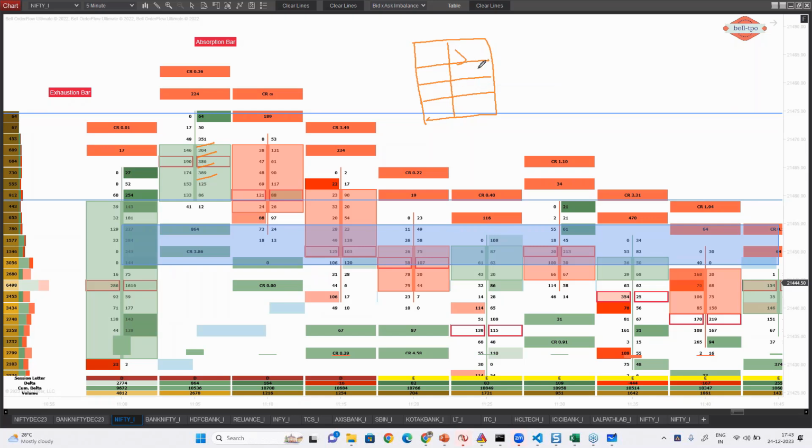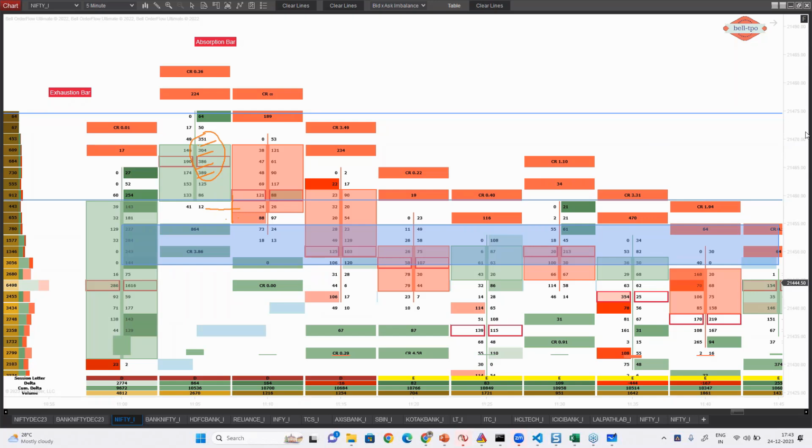It is not updating here, maybe I'll erase the drawing, but I can spot it from here. 351 is there, 304 is there, 386 is there, 389 is there, and the bar low is taken down. That is an indication that this block is an absorption. This block is totally because of absorption. But this is not a trapped buyer or a trapped seller.